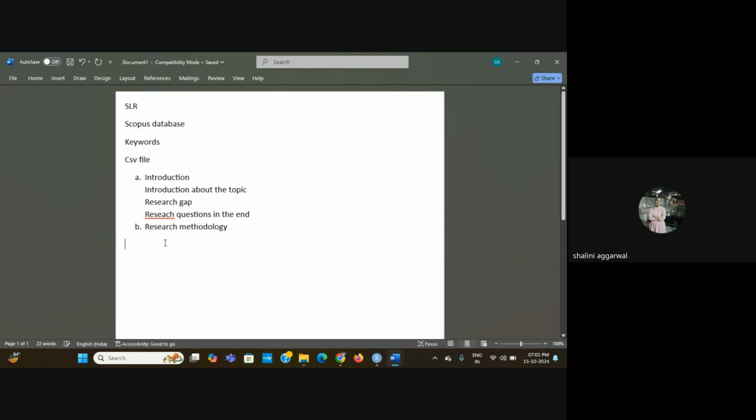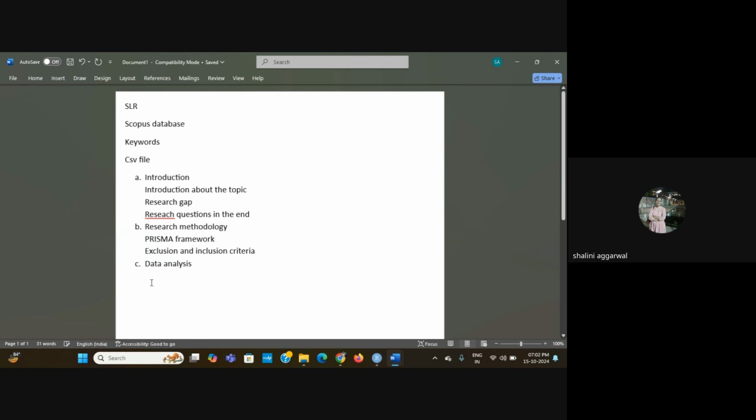The next part is your research methodology. In the research methodology part, what is important is the PRISMA framework, and you have to write the exclusion and inclusion criteria here as well.